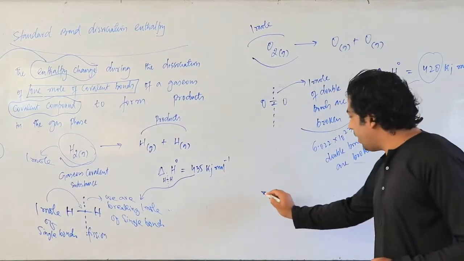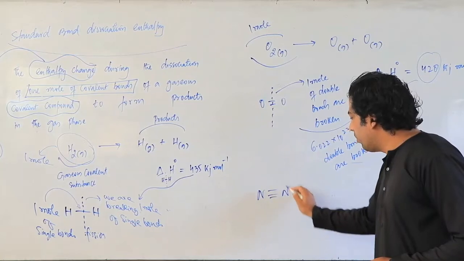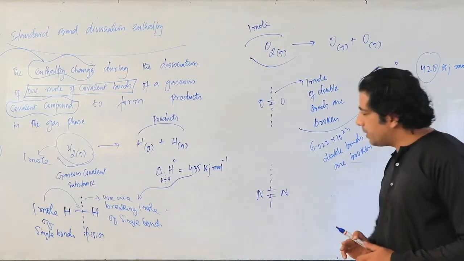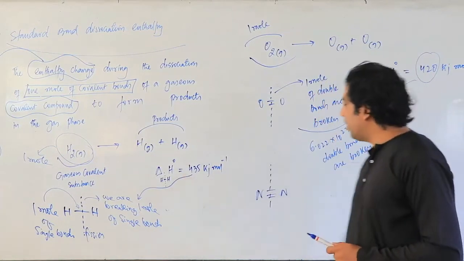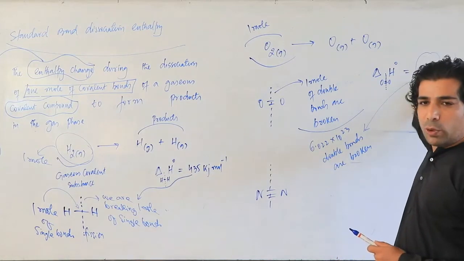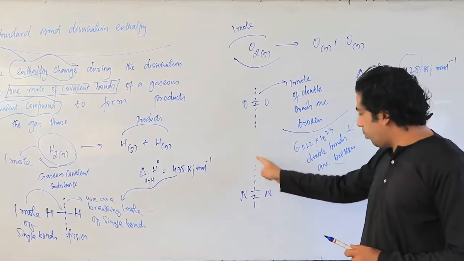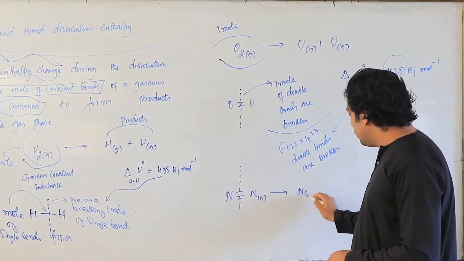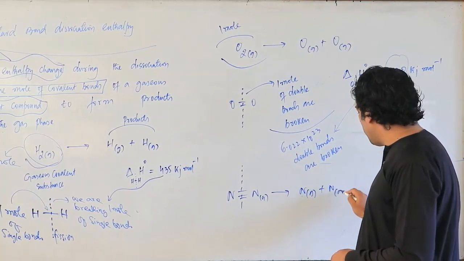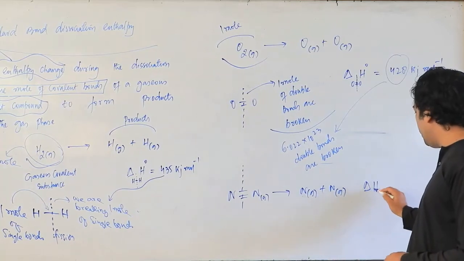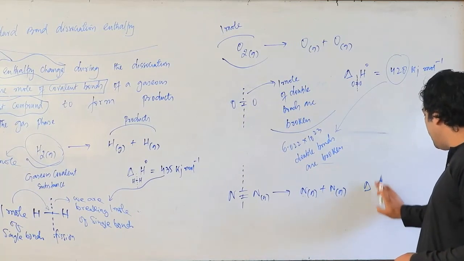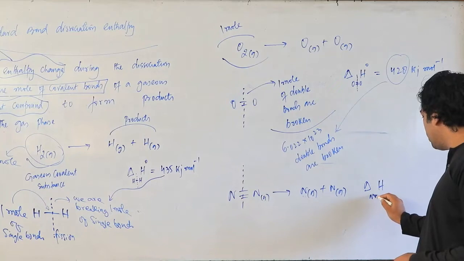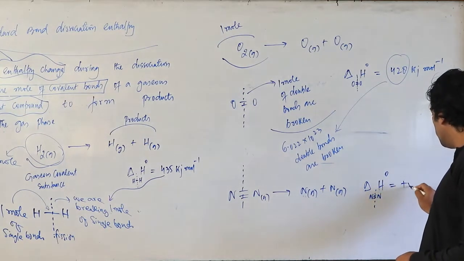Now you can break 1 mole of triple bonds also. Here you are breaking 1 mole of single bonds, here 1 mole of double bonds, and here you can break 1 mole of triple bonds. Obviously here also you require energy, and the representation will be like this for dissociation and triple bond N. So it will also be positive.